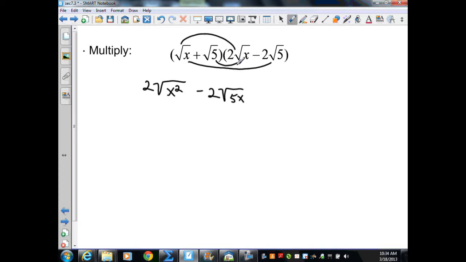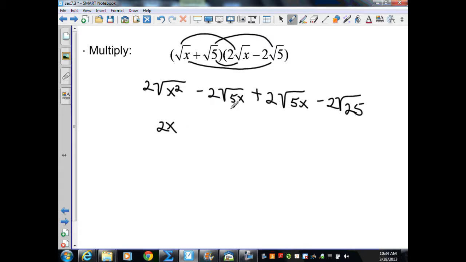My inner term is going to be a positive 2 square roots of 5x. And my last term is going to be a minus 2 square roots of 25. And I could have simplified in the process, but I wanted to show that next step. So here I'm going to have the square root of x squared, which I know is just x, so that gives me 2x.